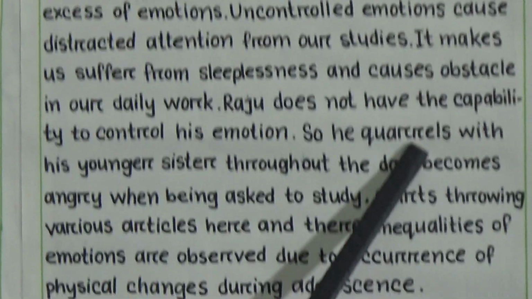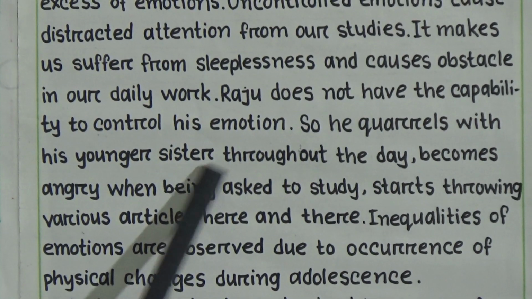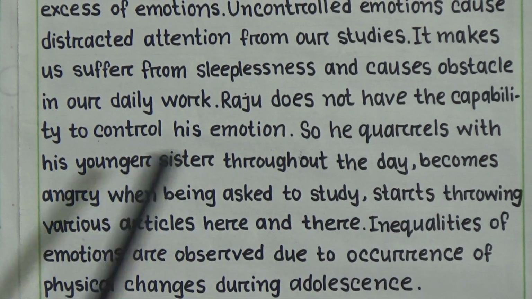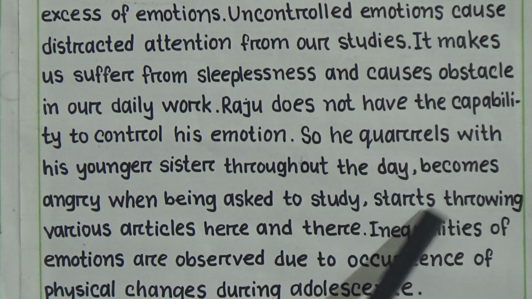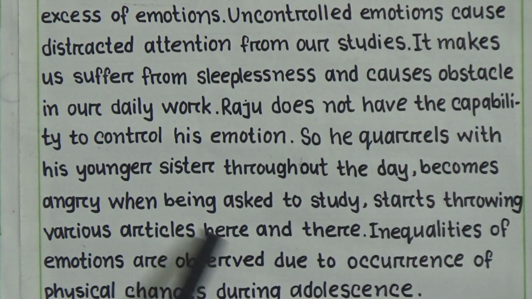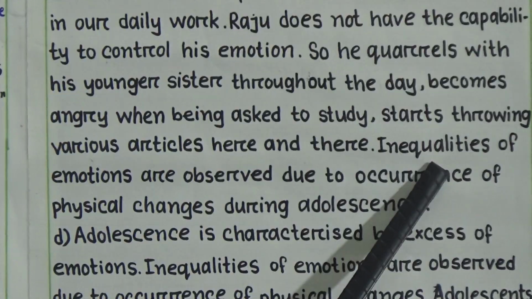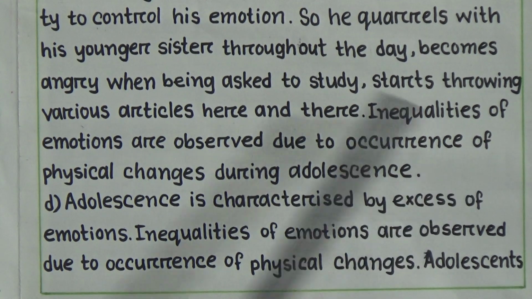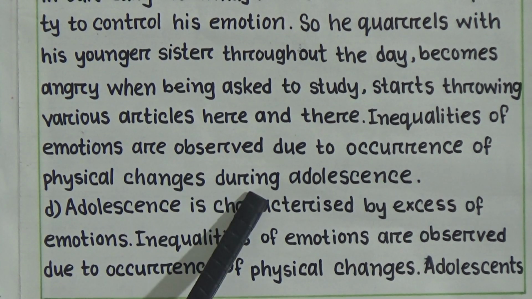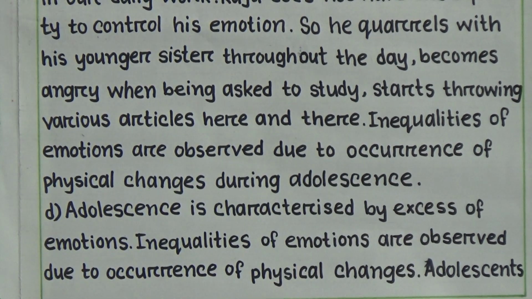So he quarrels with his younger sister throughout the day, becomes angry when being asked to study, and starts throwing various articles here and there. Inequalities of emotions are observed due to the occurrence of physical changes during adolescence.